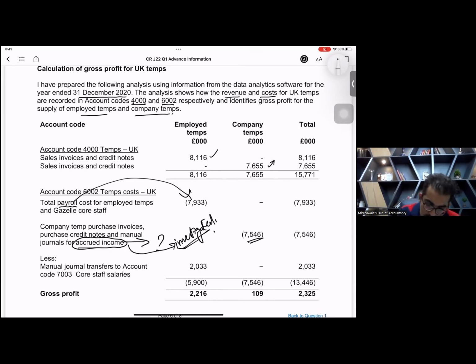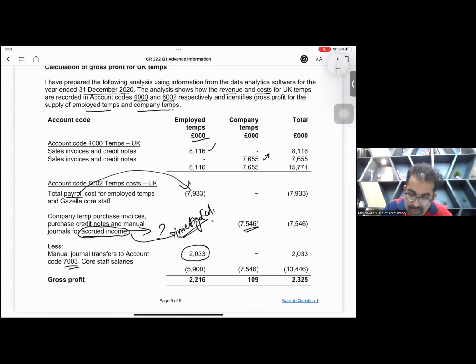Now, less manual journal transfers to account code 7003, core staff salaries. So let us say these are your staff salaries, 2033, basically 2,033,000. So you can calculate your last year salary per employee as well. I repeat, manual journal transfers to account code 7003 core staff salaries.